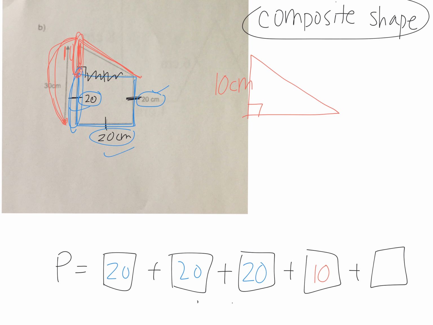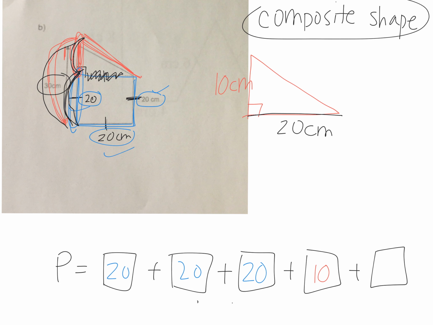We know the height of the triangle, how do we know that? Because the whole distance from here to here is 30, and from here to here is 20. Well, 20 plus something is 30. 10. Do we know the base of the triangle? 20.